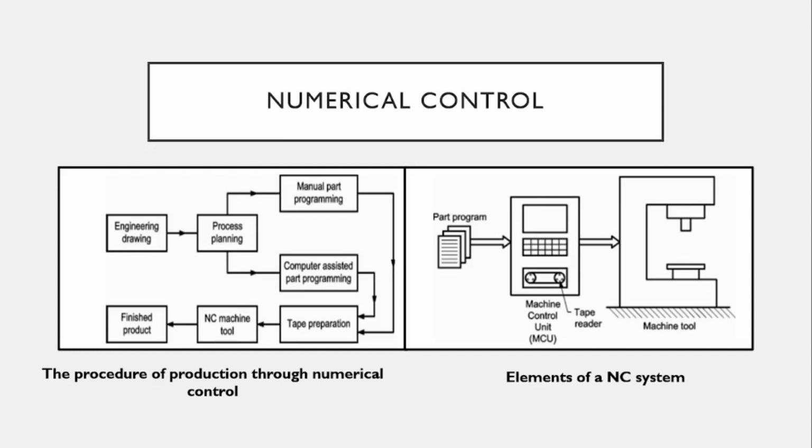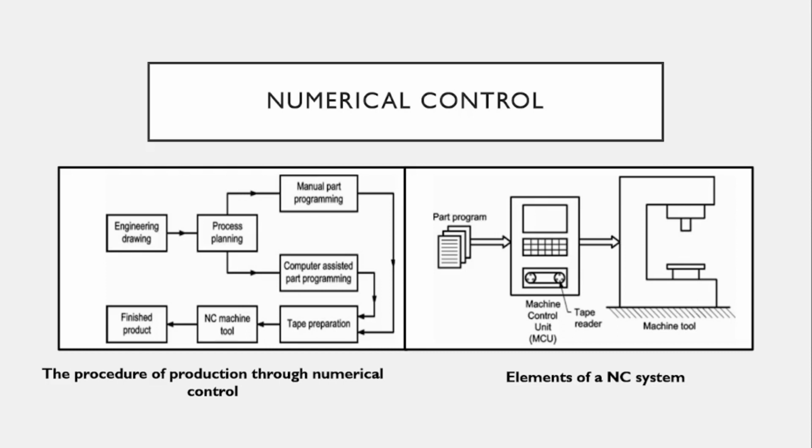There are two ways to choose from: one is computer assisted part programming, or the other is manual part programming. We can choose any one. Suppose we choose manual part programming or computer assisted part programming, which is called CAPP.